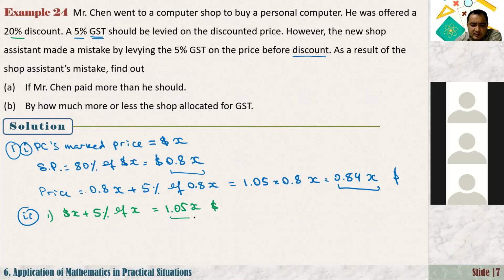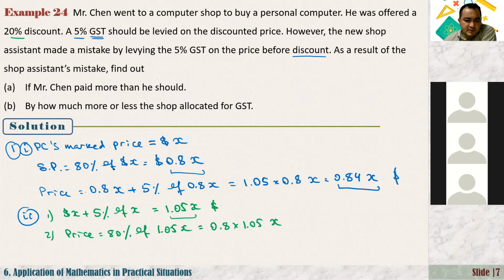And after that, he makes a discount. Discount is 80%. So now the price is, in this case, 80% of 1.05X, which is equal to 0.8 times 1.05X.